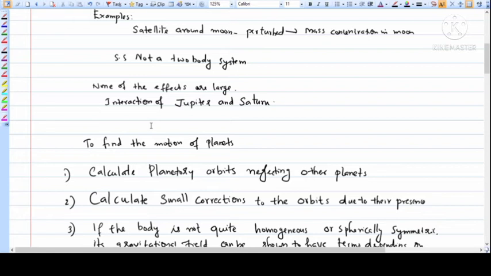In this case the law of equal areas no longer holds exactly.